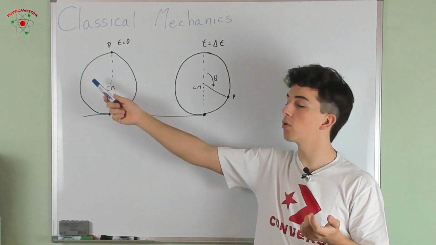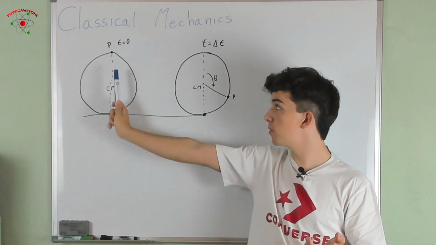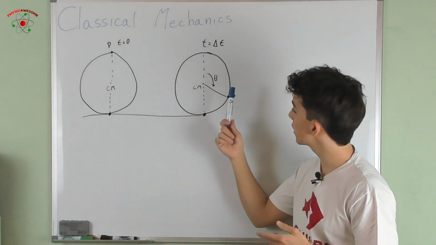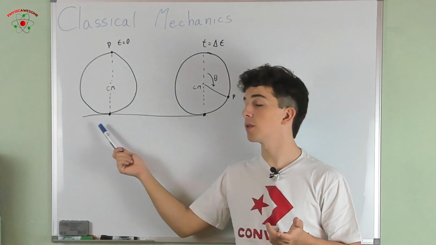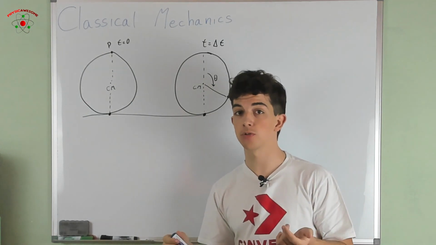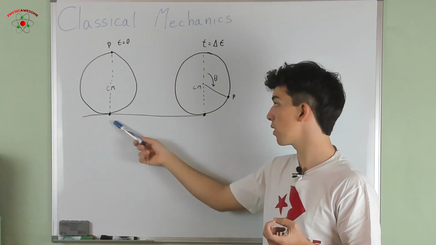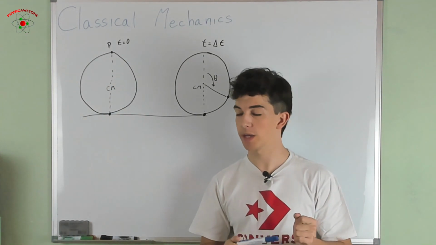Here we have our ball at time 0, in which our point P is vertically right above our center of mass, and then we have our position at time delta t. Note that even though the drawing is not correctly portrayed, the point of contact of the ball with the ground should be right below the center of mass in every case.